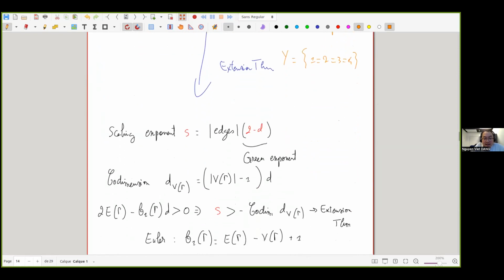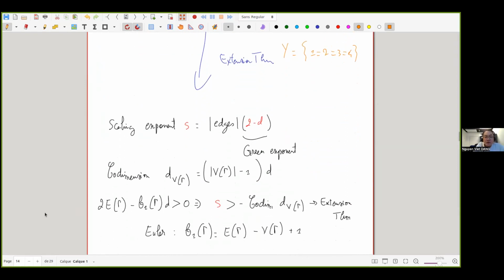And I see that under the assumption of the theorem, that 2 times the number of edges minus B1 times D is greater than 0, this assumption, due to the beautiful formula of Euler, says that in a graph the first Betti number is the number of edges minus the number of vertices plus 1. You use this Euler formula.